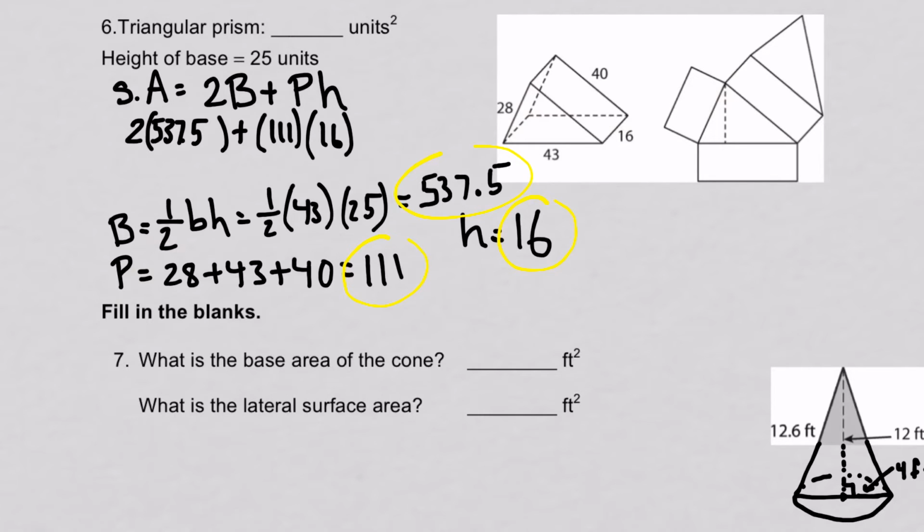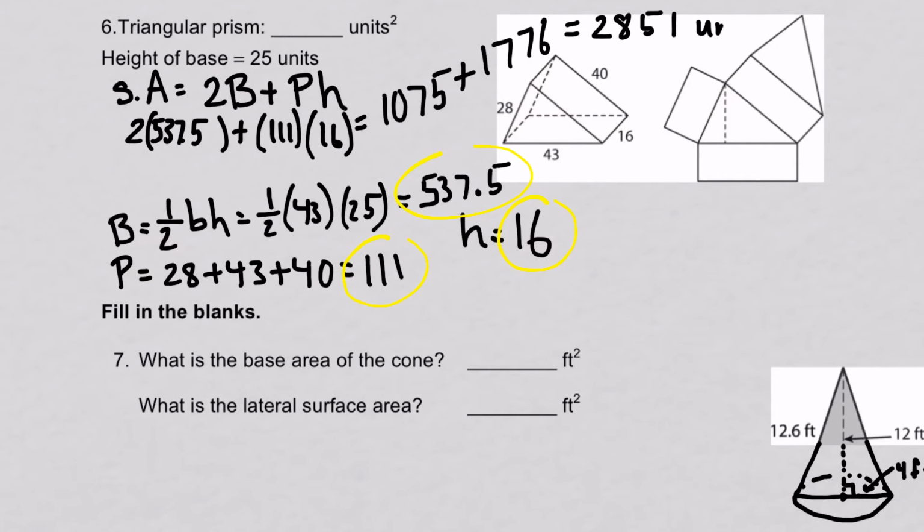Do those calculations and you will get 1075 plus 1776, and your grand total is 2851 square units.